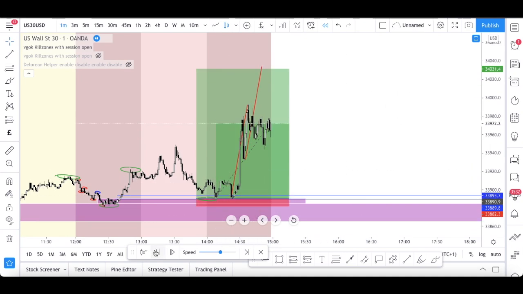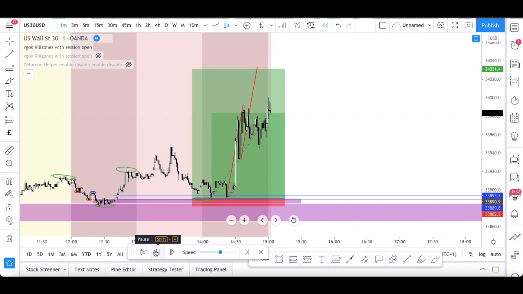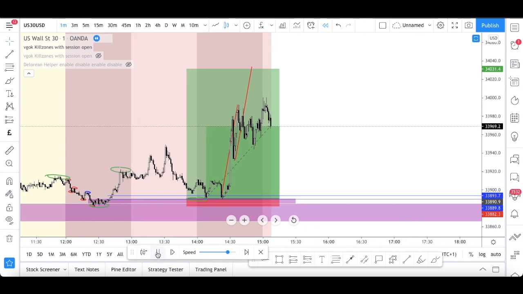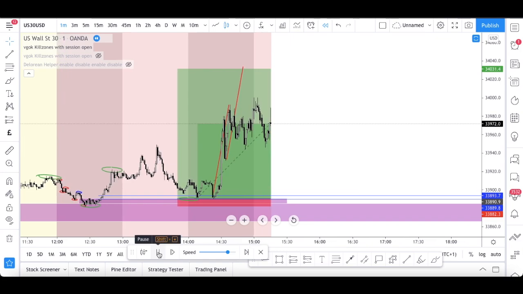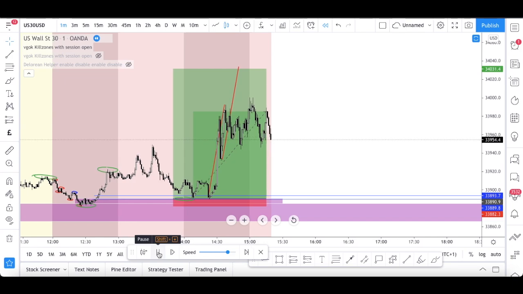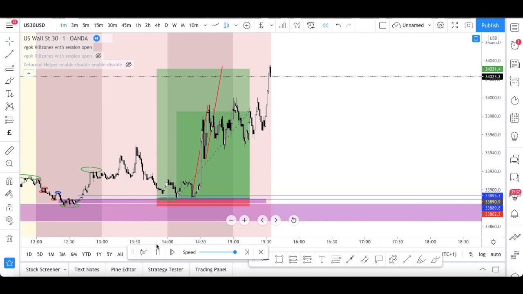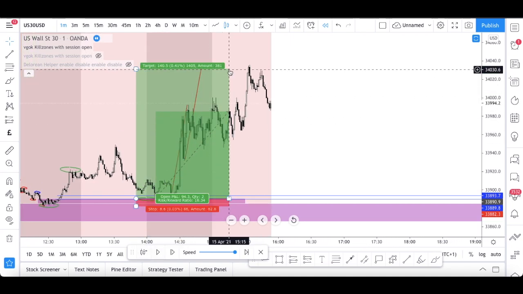And as we forward the price, we can see it as price progresses, and eventually hitting our final TP up here.